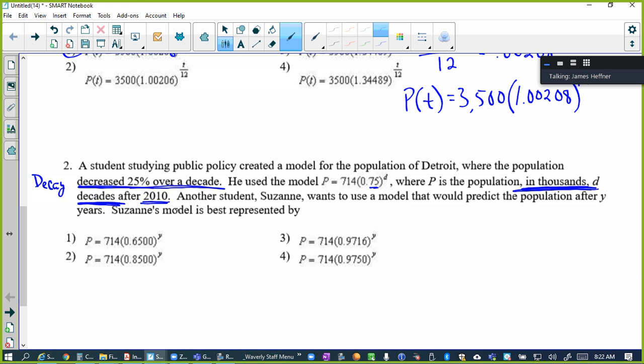Okay? Now, read this very carefully. There's another student, Suzanne. She wants a model that would predict the population after every y years. Not decades, but years, right? So for us to go from decades to years, what would our n have to equal to get that periodic rate?